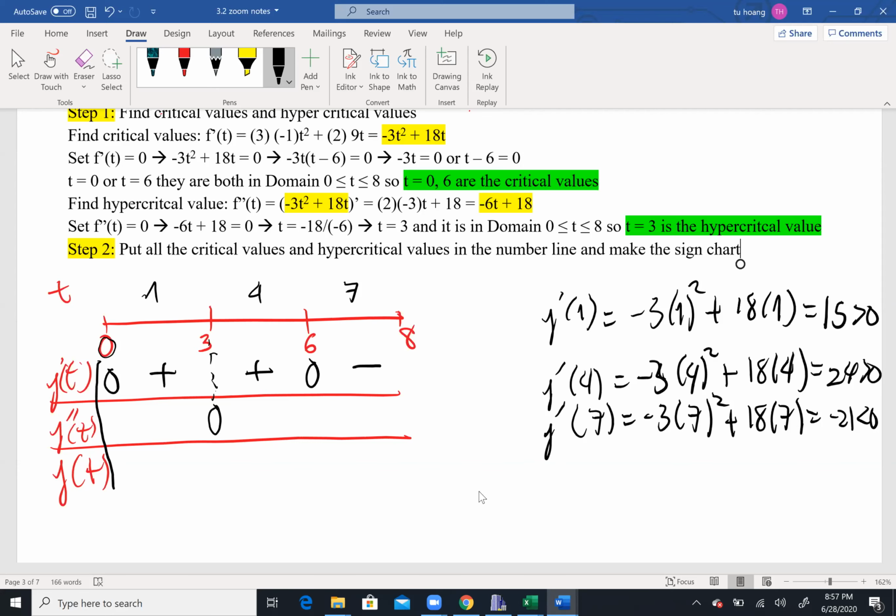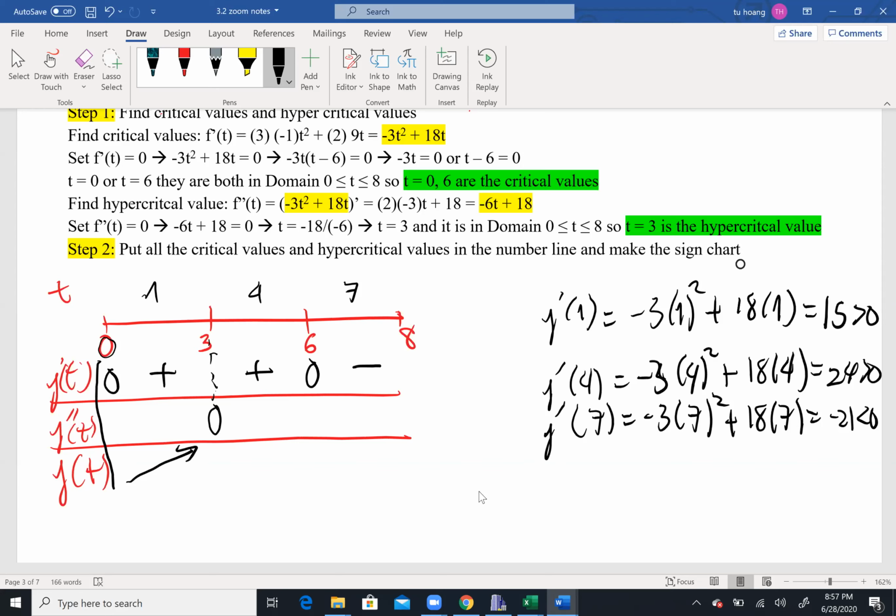According to the first derivative in section 3.1, you know that if the f derivative of t is positive, then the original f of t has to be increasing, right?